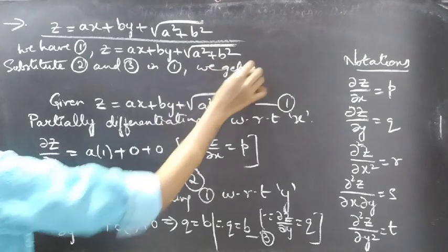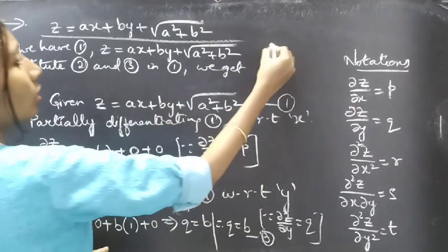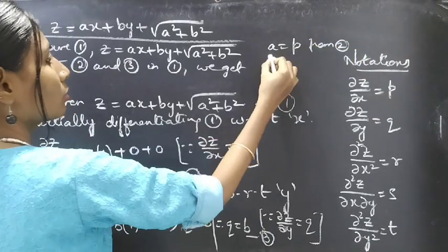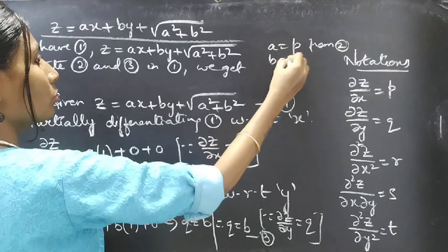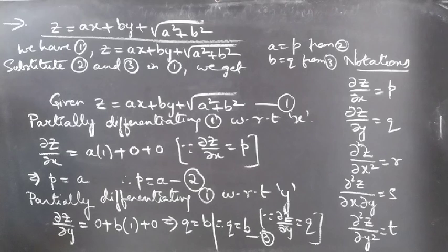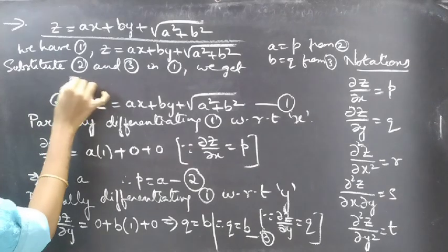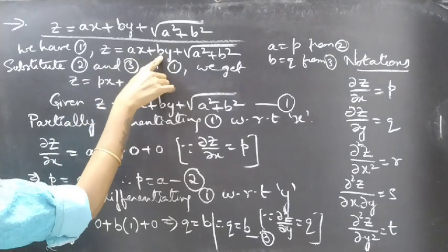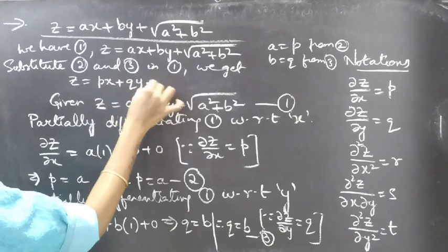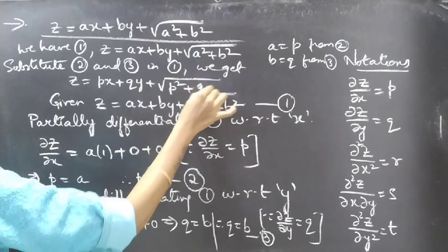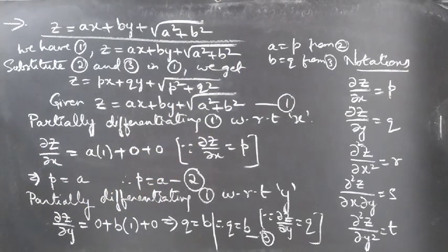We get, see, from 2 we have a equal to p, and from 3 we have b equal to q, right? Now we are going to replace a by p and b by q in 1. Then you'll get z equal to, replace a by p, you'll get px, plus replace b by q, you'll get qy, plus square root of a square is p square, plus b square is q square, which is the required partial differential equation.